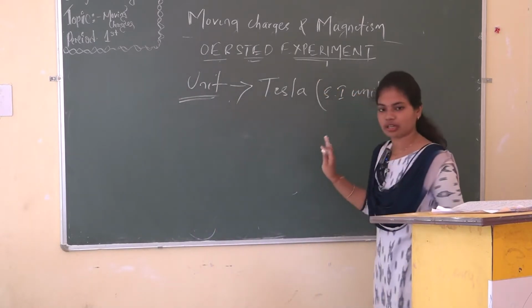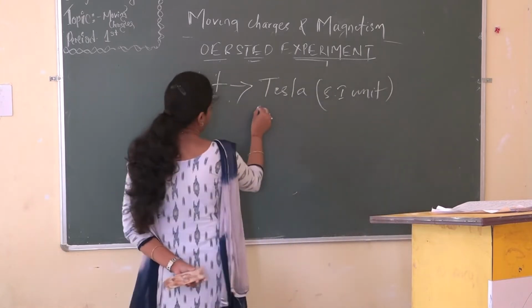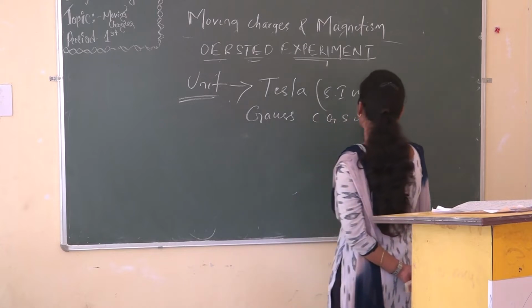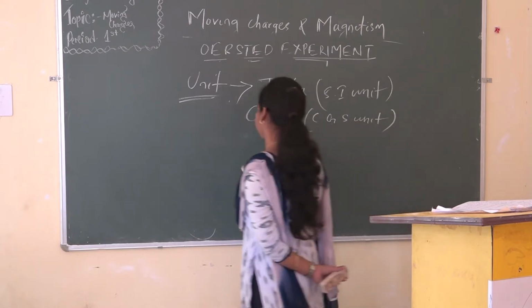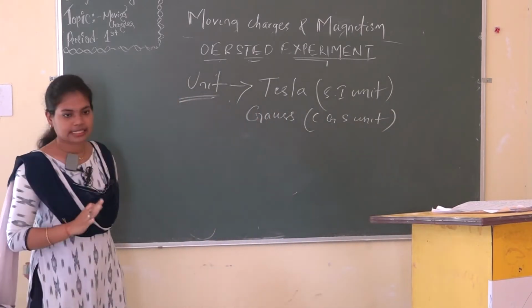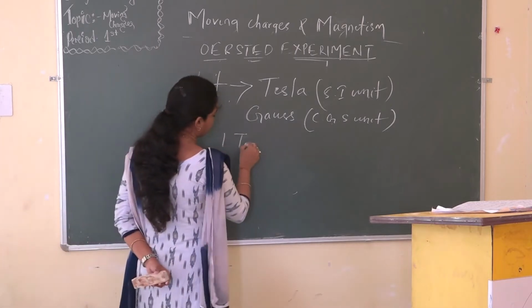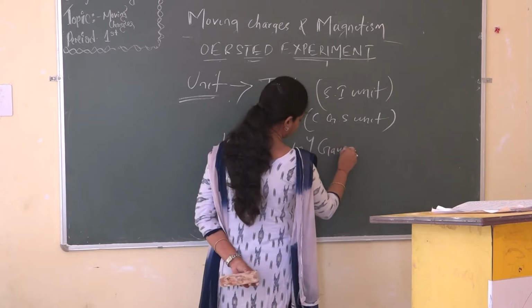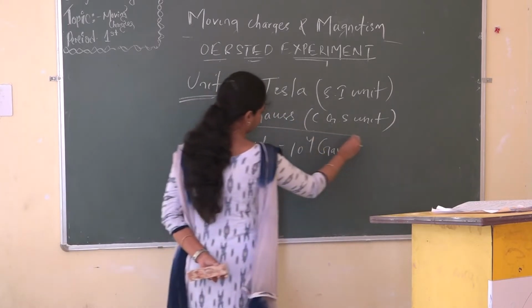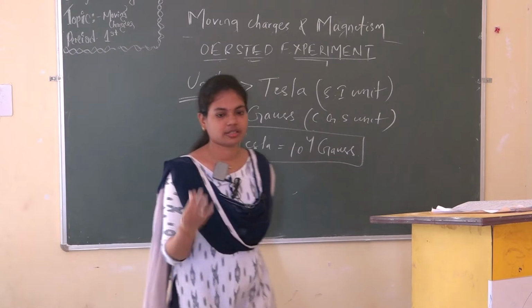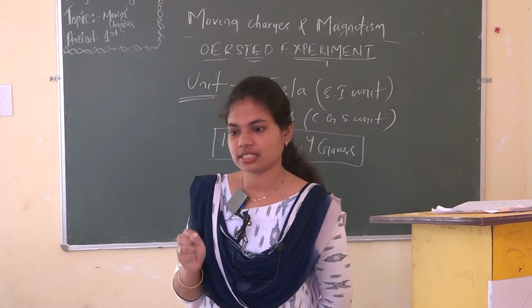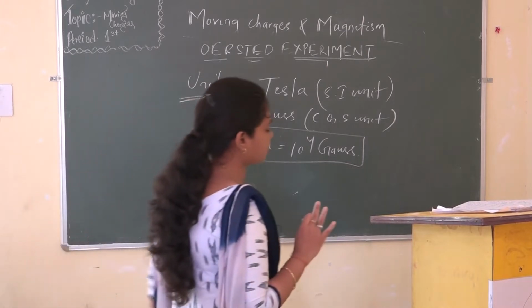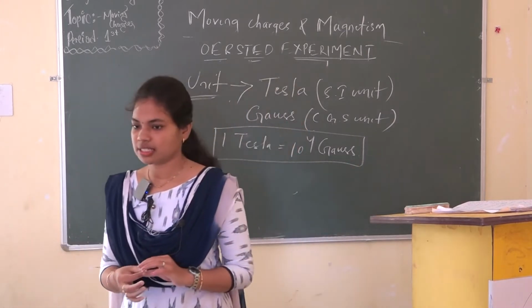Its CGS unit is Gauss. The relationship between Tesla and Gauss is 1 Tesla equal to 10 to the power 4 Gauss. Tesla is the SI unit and Gauss is the CGS unit.